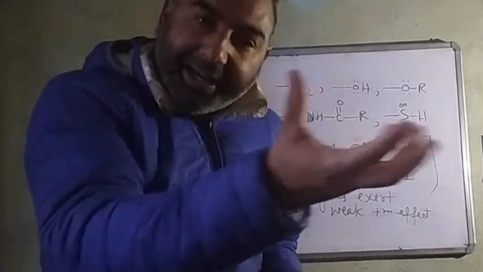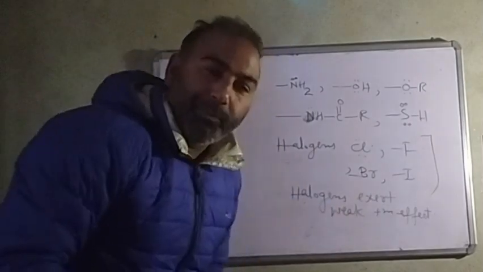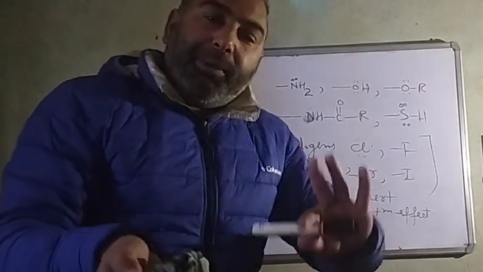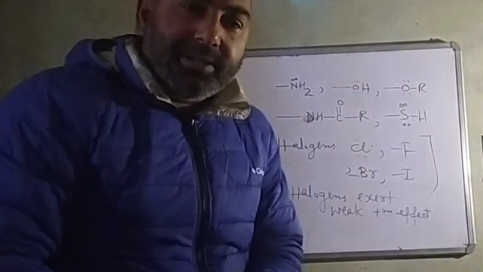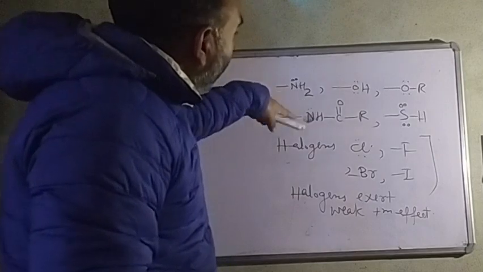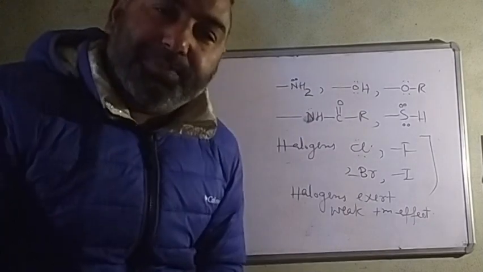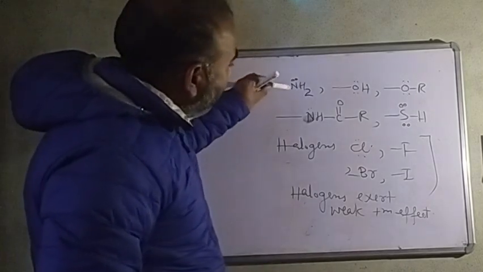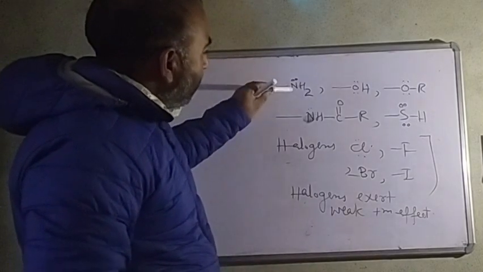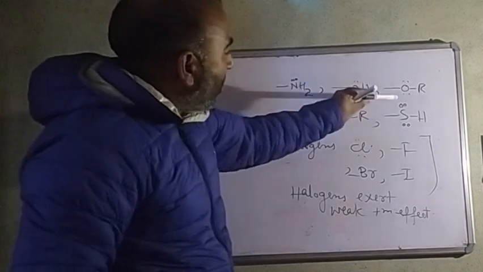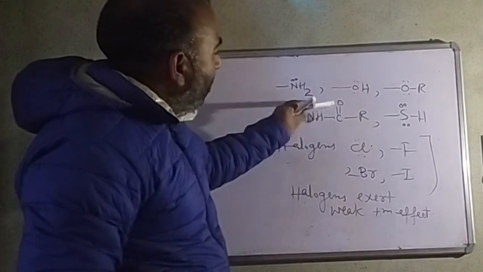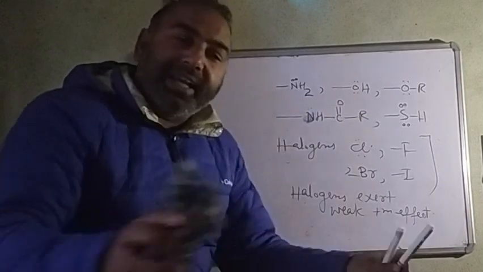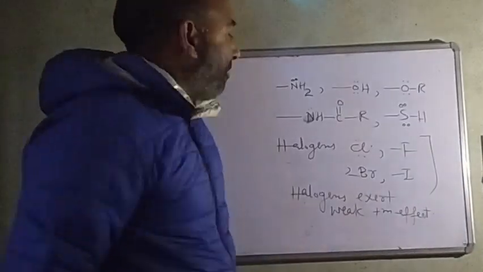They show strong minus I but weak plus M. So mesomeric effect can be plus or it can be minus. To explain how mesomeric effect takes place, I will give an example. Remember these groups: NH2, OH, OR, NHCOR, SH, and halogens. Now let's explain it with the help of a suitable example.